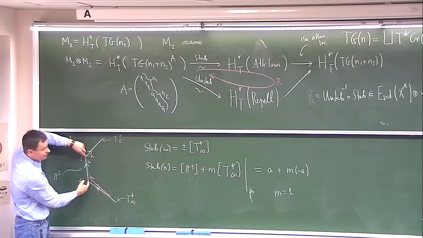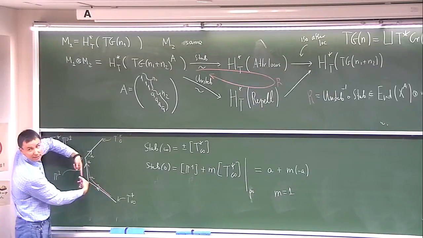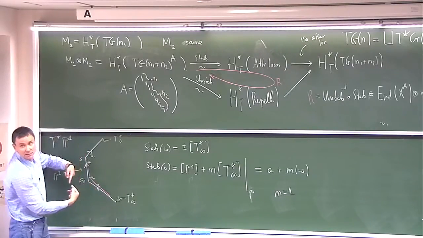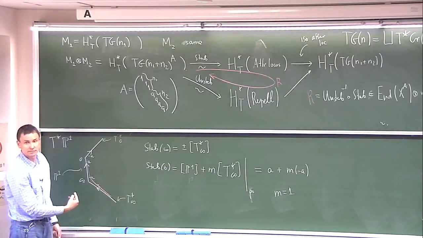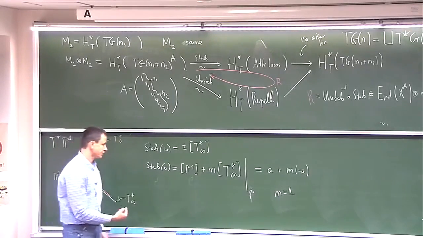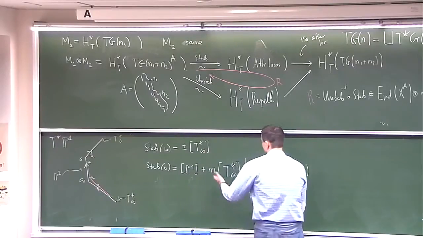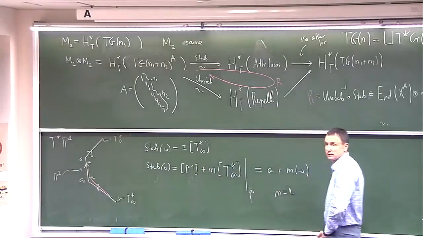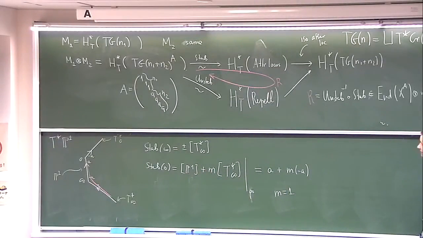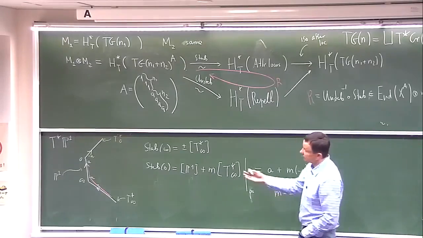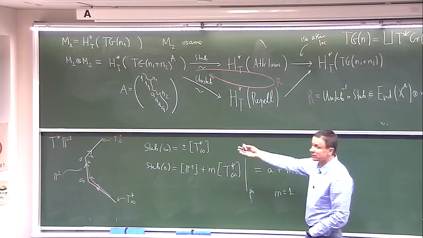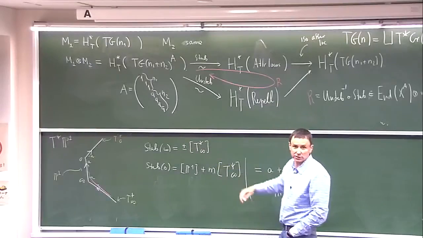And if I degenerate, the hyperbola goes to the union of two axes, and so both have coefficient 1. All right, and then if I change the attracting direction, you get the opposite picture.